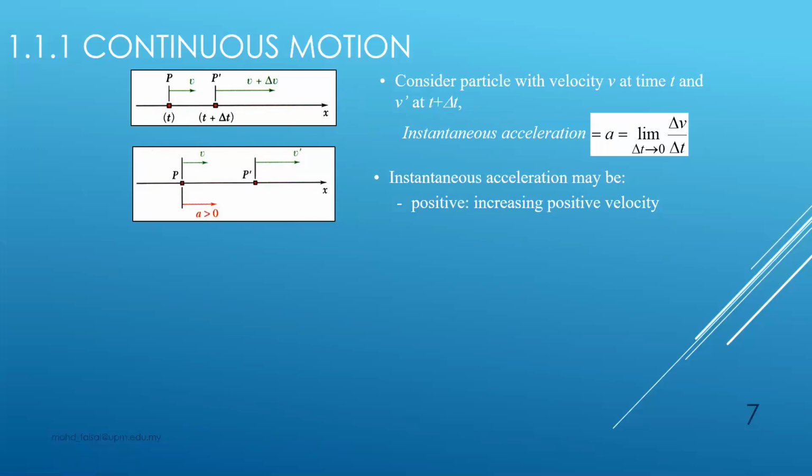The speed is changing, from v to v prime. So when the velocity is changing, you will have a delta v, and you can divide by delta t, and you get the acceleration, because acceleration is the change in the speed over the change of time for that particular condition.